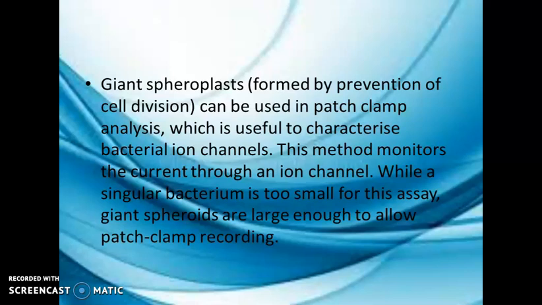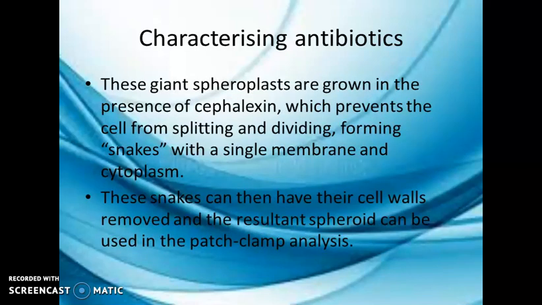This method monitors the flow of current through the channel, and a single bacterium is too small for this assay. That's why we are using giant sphaeroplasts, because they are large enough to allow patch clamp recording to monitor the flow of current through the ion channel. So using this sphaeroplast we can perform patch clamp analysis. This is another application of sphaeroplasts.